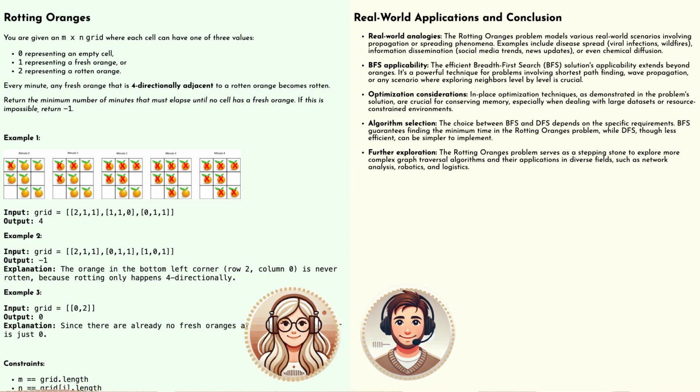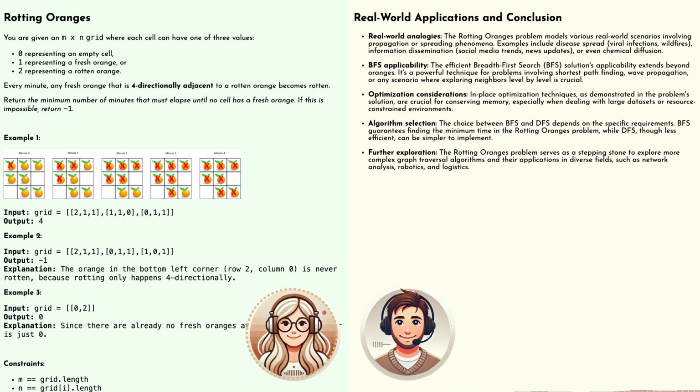Yeah, it's a very elegant and powerful algorithm. It's really amazing how this problem, rotting oranges, can illustrate the power of algorithms and efficient problem-solving techniques. It goes beyond just oranges, too. You can think about how BFS could be applied to other real-world scenarios, like social networks or the spread of diseases. In a social network, each person could be like an orange, and the rot spreading through the network could be a piece of information or a trend.